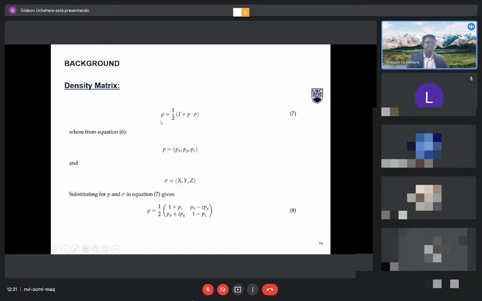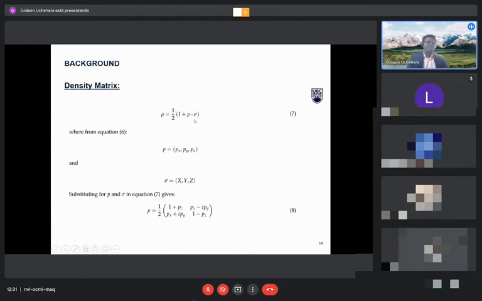Here we have some density matrix rho, and it can be expressed in this form: the identity plus the vector p, which is a point on the Bloch sphere, dotted with theta, where theta here is a vector of the Pauli observables X, Y, and Z.